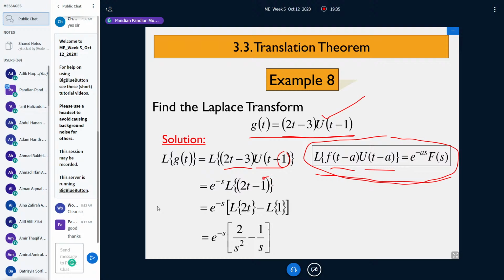So this one you have to make it f(t minus a): 2t minus 3, so you have Laplace of 2t minus 1.